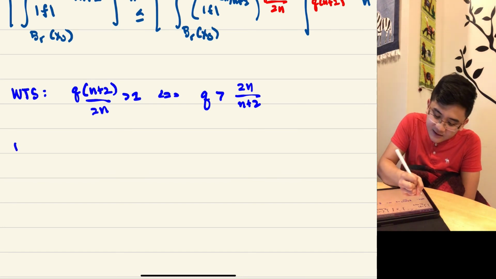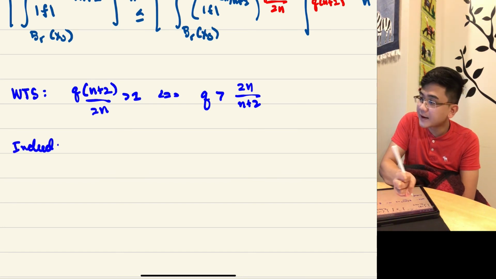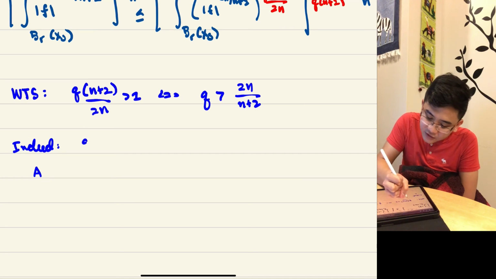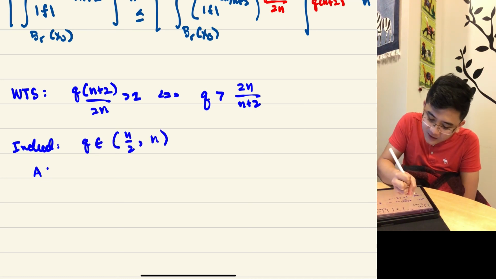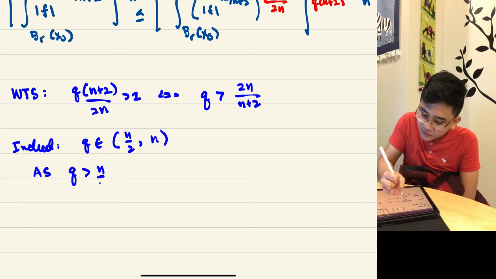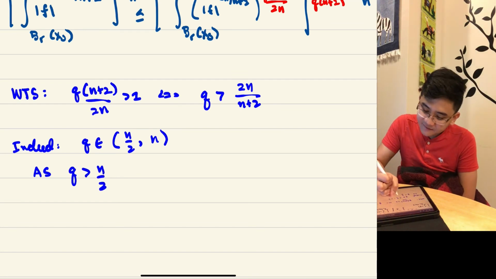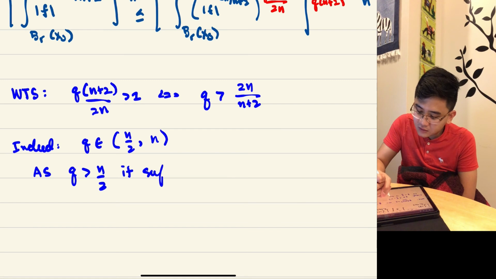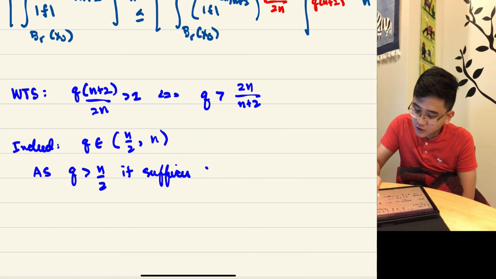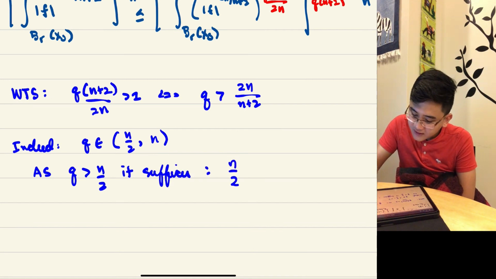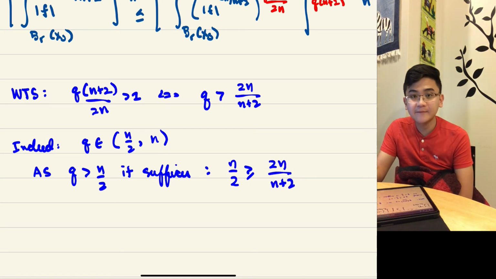Indeed, note that q is in the interval from n over 2 to n. So as q is bigger than n over 2, it suffices to show that n over 2 is greater than or equal to 2n over (m plus 2). Okay, so that's obvious.